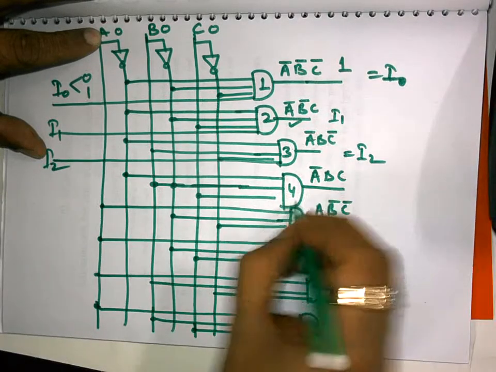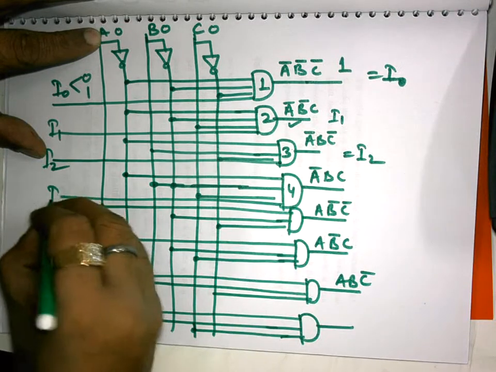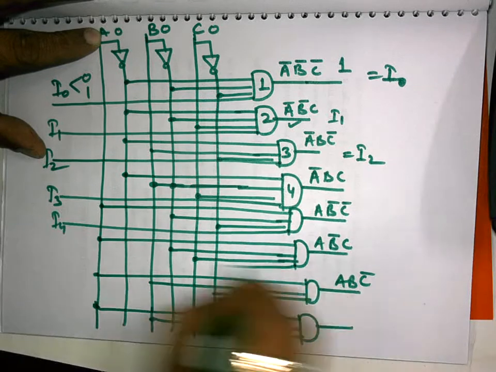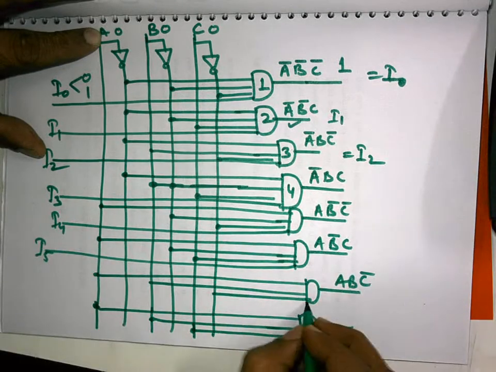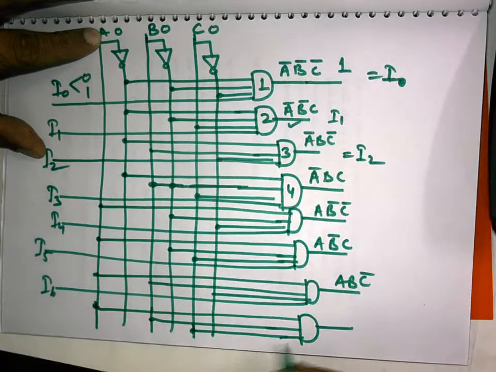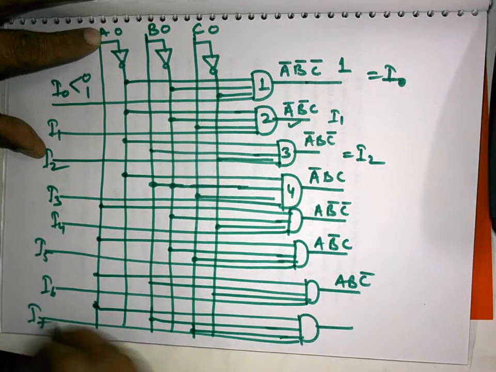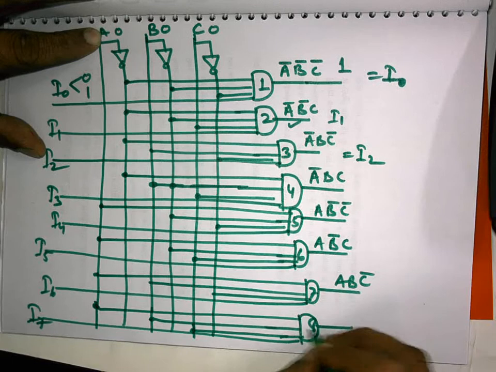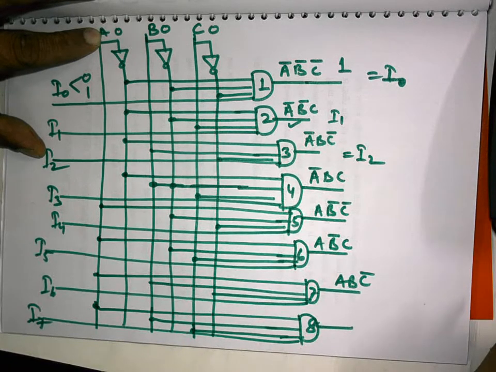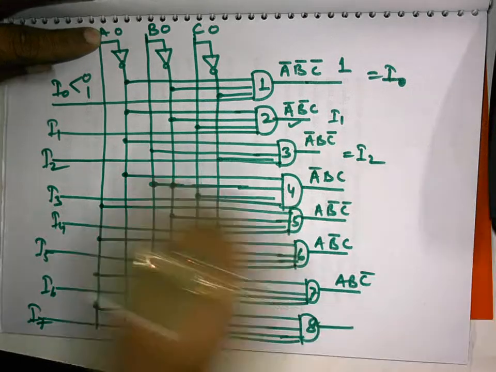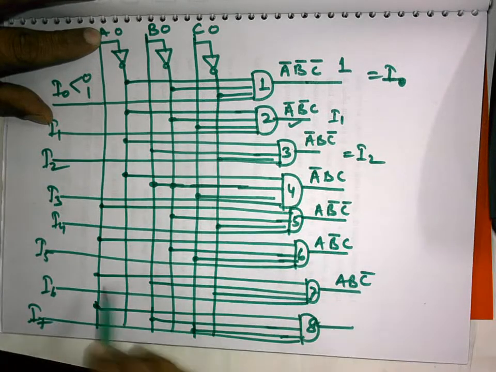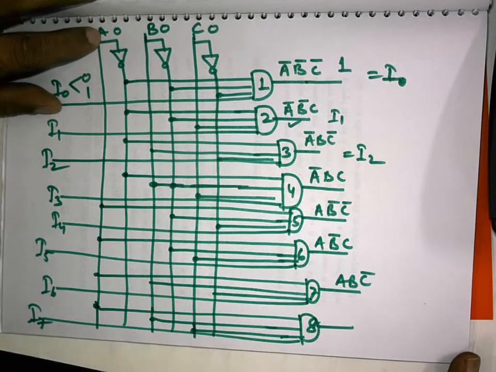And similarly for gate number 4, I insert I3, then I4, I5, I6 and I7. We made a simple modification in the decoder circuitry: we inserted external inputs on all the min-term gates.